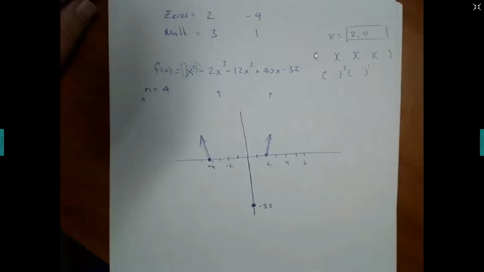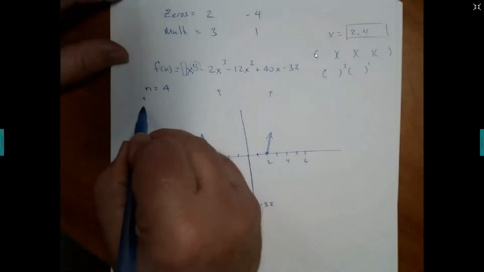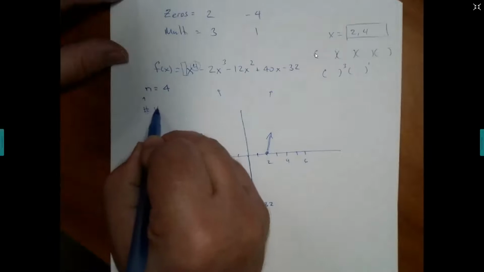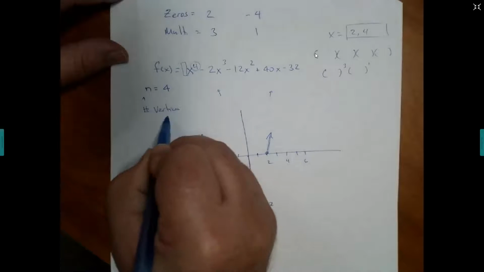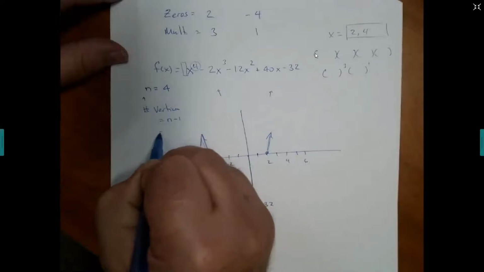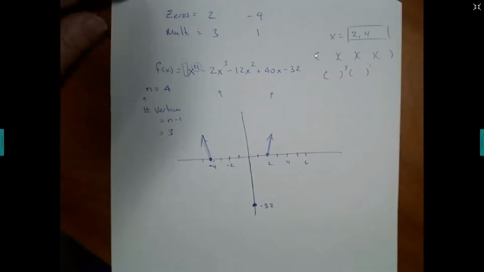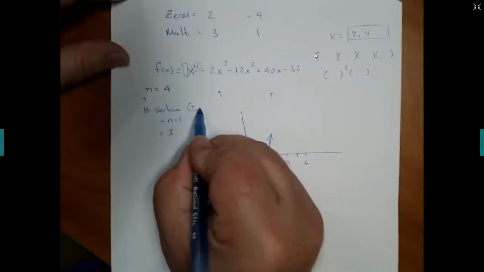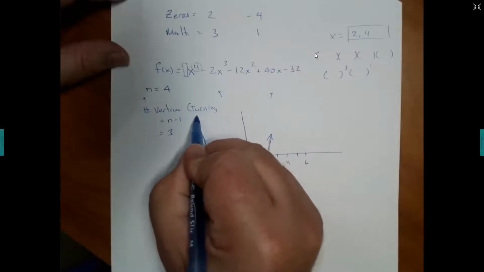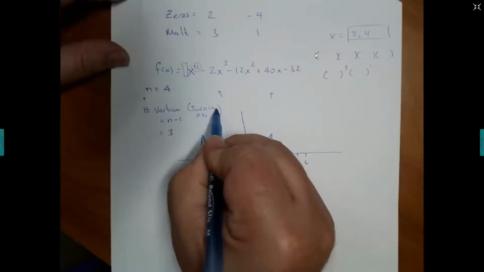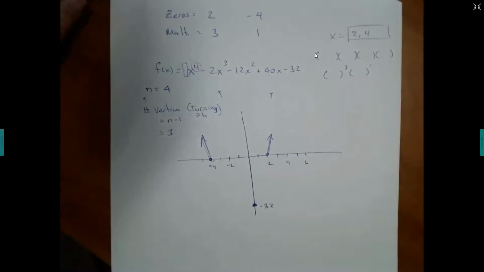How many vertices are we going to have at most? Number of vertices equals n minus 1, which is 3. At most 3. Vertices are turning points. So when I say vertices, they say turning points.